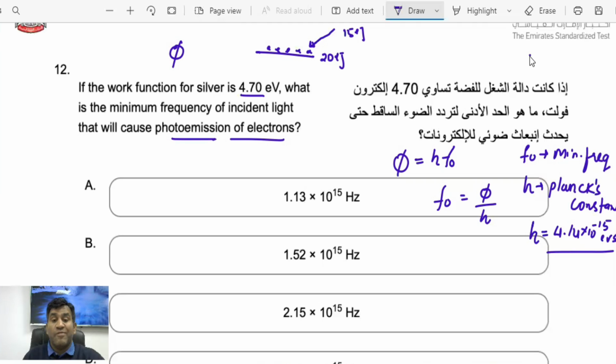There is another value for h when the energy is in terms of joule. Both will be given to us in the formula sheet, so you just have to refer to the relevant one, whether in electron volt or in joule, and use it accordingly. So here we have to use this.